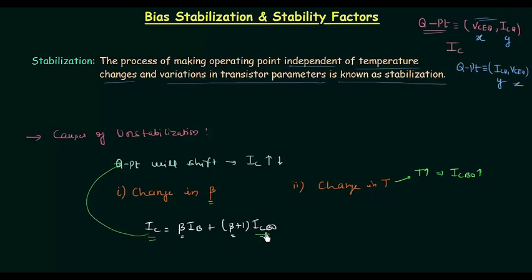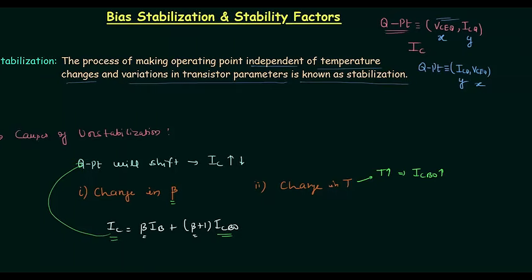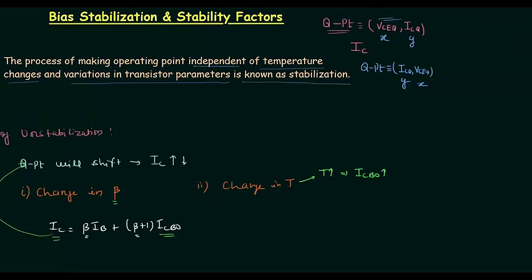So if ICBO increases, collector current will also increase, and to be more precise, with every 10 degree rise in temperature, the reverse saturation current will double. So a 10 degree rise in temperature will double the reverse saturation current.